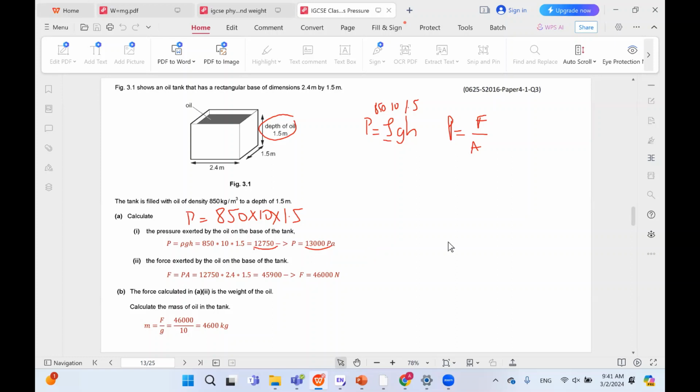Now, in question double I, we are required to find the force, so we have to use the second rule now. Given the pressure, which we already have, which is 12,750, we can calculate the area as 1.5 times 2.4.